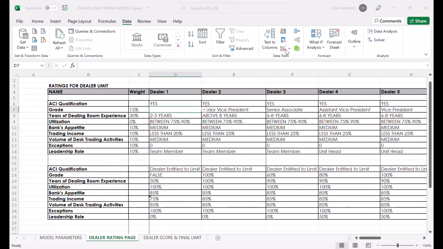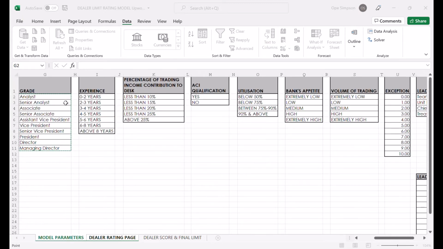You click on the Data Tool, and then under Settings that comes up, you see Validation Criteria. You click on List, and then go to Source. And then when it takes you to where your source parameters are, you highlight all the list array you want to use, which in this case are the grades, and then click on OK after you've done this.